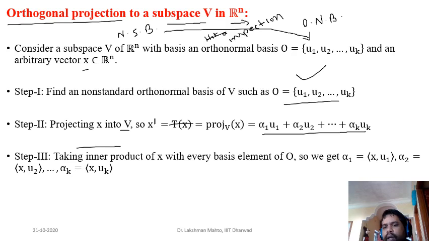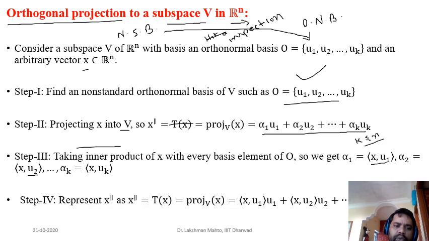Alpha 1 you get by taking the dot product of x with u1, alpha 2 by taking the dot product of x with u2, and likewise alpha k by taking the dot product of x with uk. Here k is the dimension of this subspace V, and k would be less than or equal to n. It can't be greater than n.